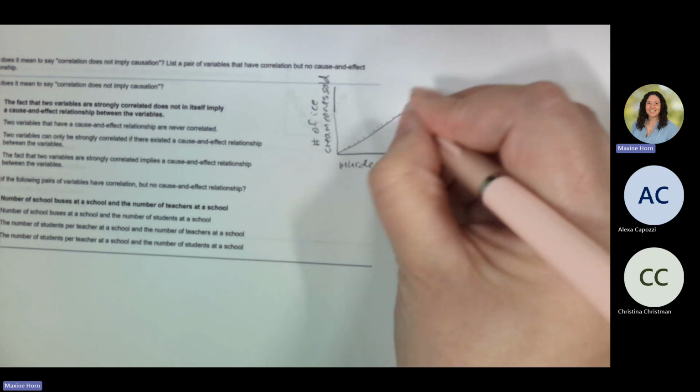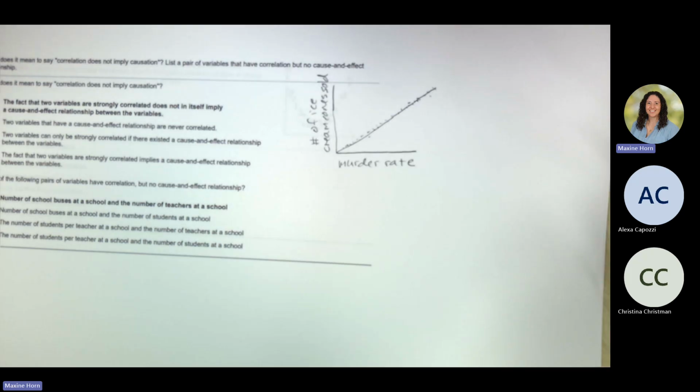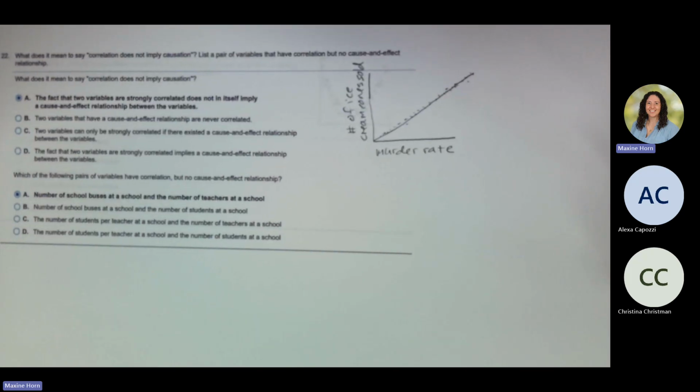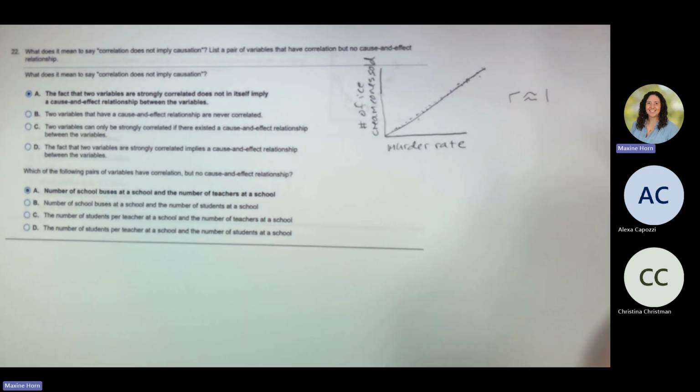A super, super strong positive correlation. We've got all these dots that are super strongly correlated. If you draw a line of best fit, you get a correlation coefficient of almost exactly 1, or R is approximately 1. Does that mean that the more ice cream we eat, the more we murder? Or that the more we murder, the more ice cream we eat? No, it does not.